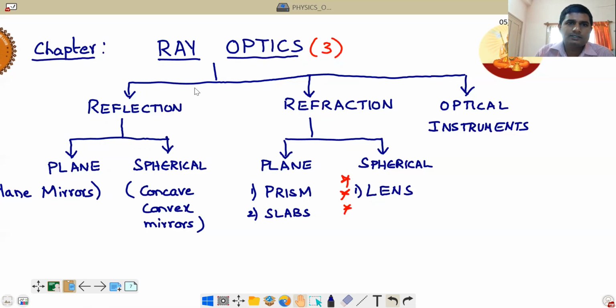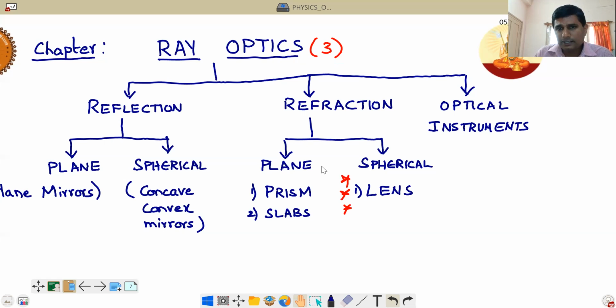This ray optics will be studied under three headings: reflection, refraction, and optical instruments. In reflection, we'll discuss two headings: reflection at plane surface, also called plane mirrors, and reflection at spherical surface, which is concave mirror or convex mirror.